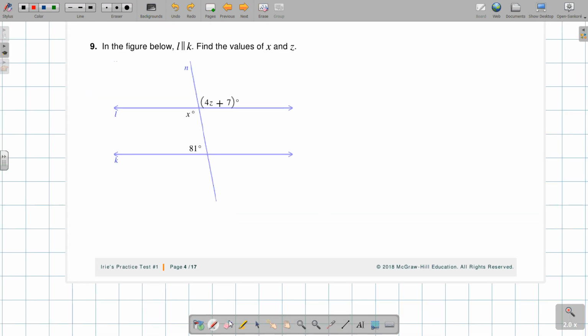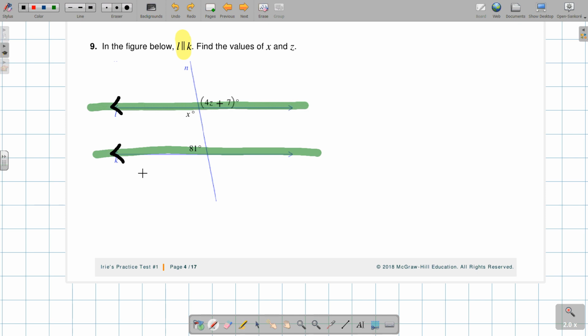Notice what this says right here. That little double backslash means parallel. So let's physically trace it. It's going to be parallel to K. I want you to find the values of X and Z. Okay.